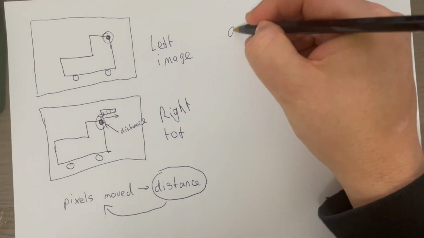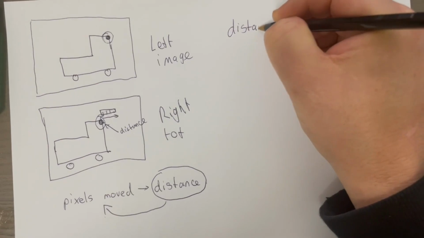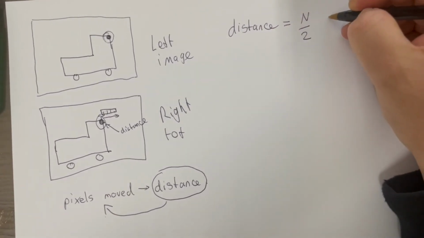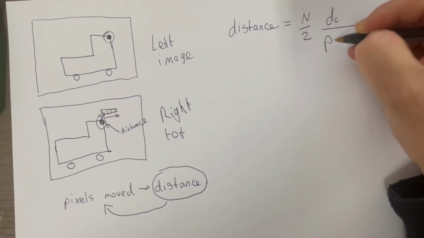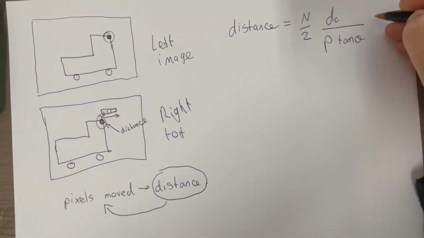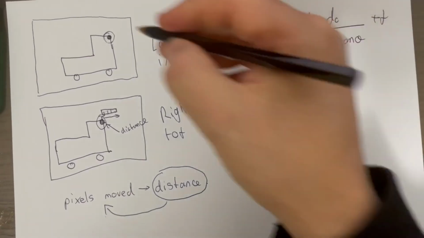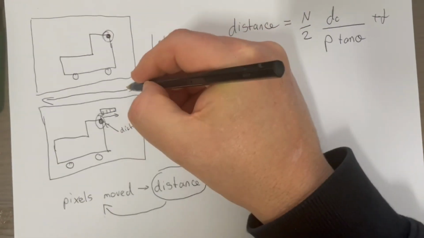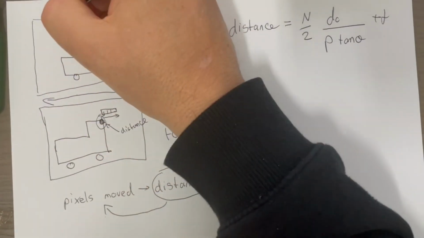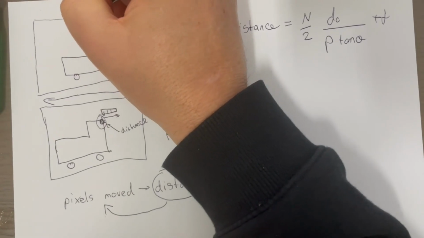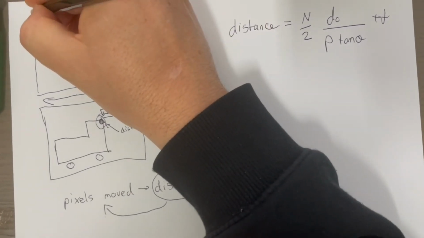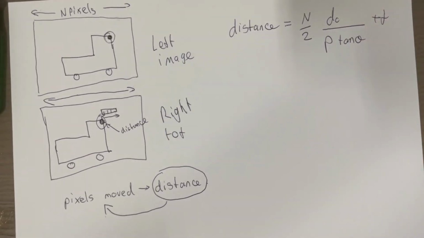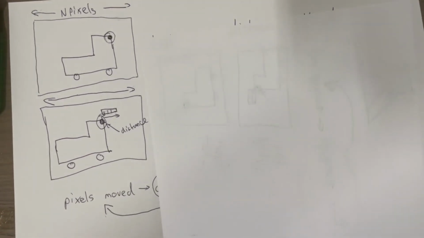So now our formula for the distance, and I derived this in a previous video, is equal to n over 2 dc over p tan theta plus f. So n is the number of pixels across. This image is n pixels across, that's the total number of pixels. DC is the distance of the two cameras apart, so I'll just draw that for you.